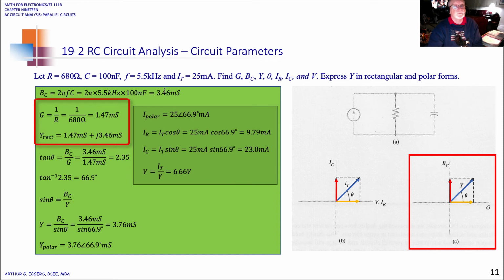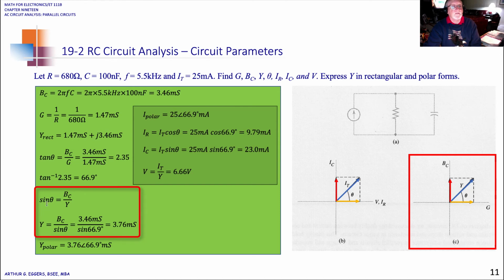Again, taking our values to solve for the tangent of theta, we end up with 2.35. Taking the inverse tangent, we get a phase angle of 66.9 degrees.